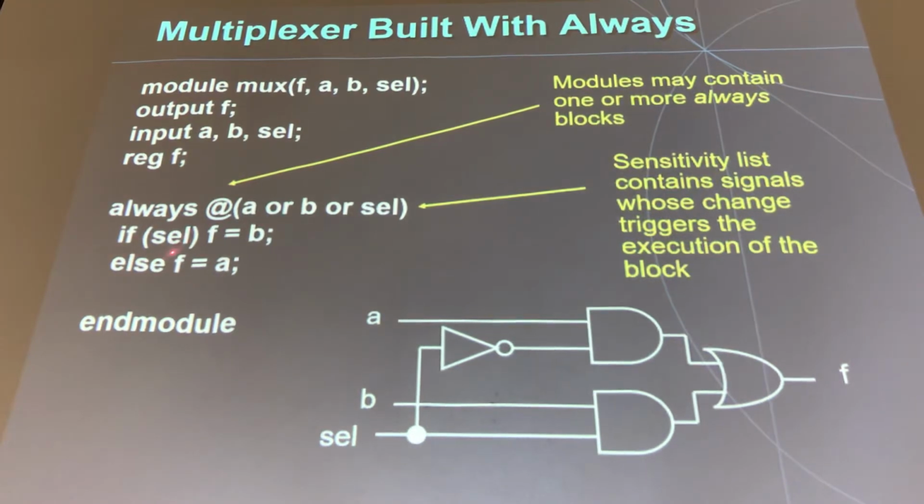If cell is a typical C statement. If cell is 1, it's true, then B is assigned to F. Otherwise, meaning cell is 0, then A is assigned to F. So that's exactly a 2-to-1 multiplexer, right? But here, we describe the circuit using a C-like description.